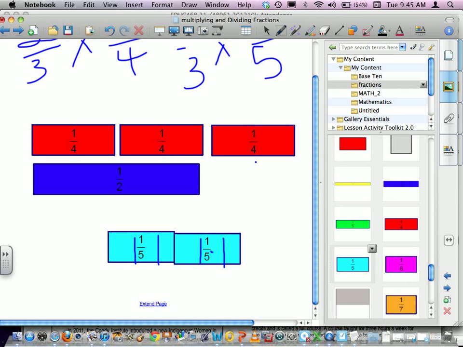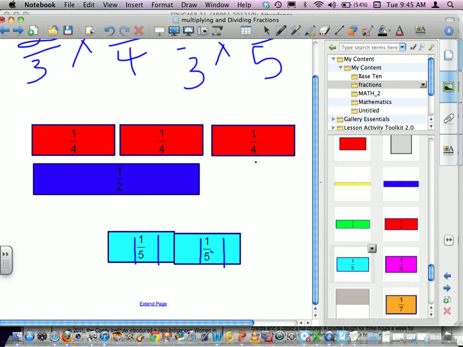So what I've done with this one is I've broken each of the fifths into 3 equal pieces. So what size would those pieces be? 15ths, right? Why would they be 15ths? If I put all 5 of these together, I'd have 3, 6, 9, 12, 15, right? So each one of these little pieces is 15ths.